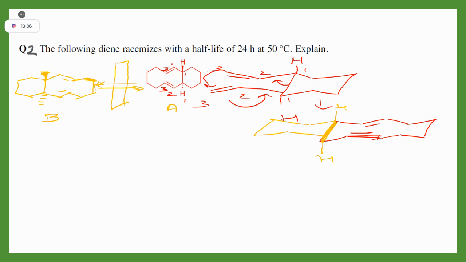They are mirror images of each other. So that's why they were saying the following diene racemizes. Why? Because on undergoing heating conditions, it goes through a 3,3 sigmatropic rearrangement, whose product is a mirror image of the reactant. Therefore, it is racemizing.